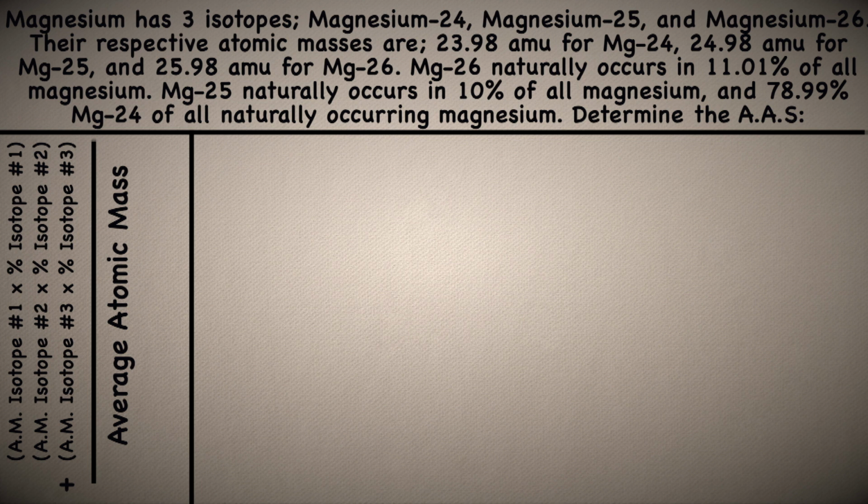Magnesium 26 naturally occurs at 11.01% abundance out of all magnesium. Magnesium 25 occurs at about 10% abundance, and magnesium 24 occurs at a 78.99% abundance out of all the naturally occurring magnesium. Determine the average atomic mass for magnesium and all of its isotopes.